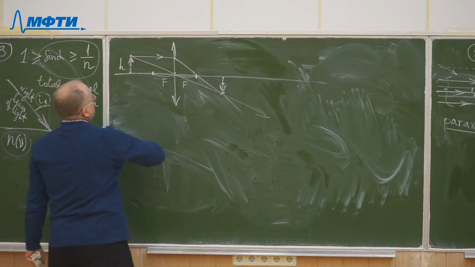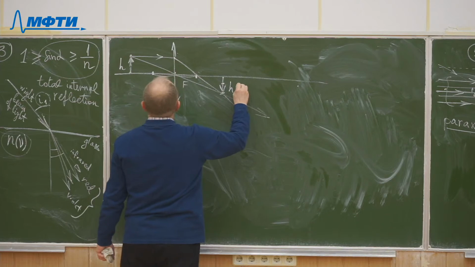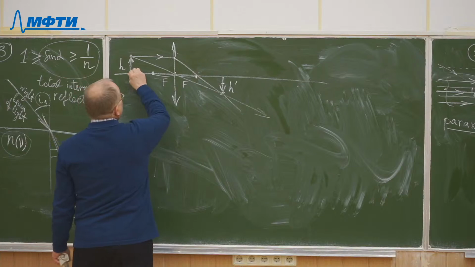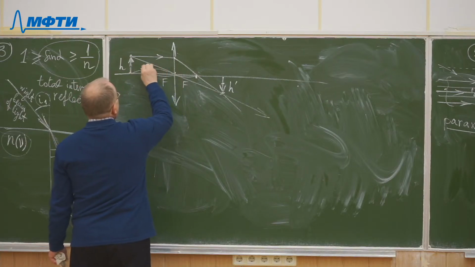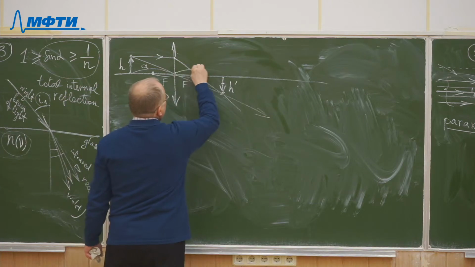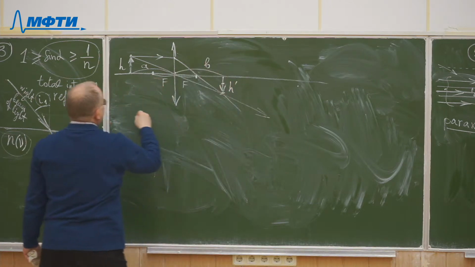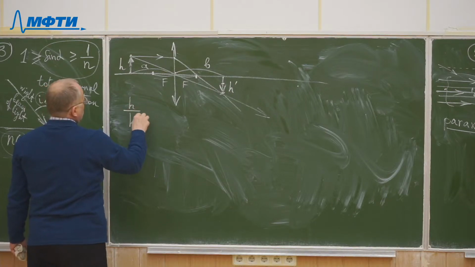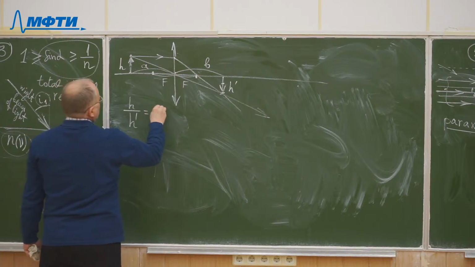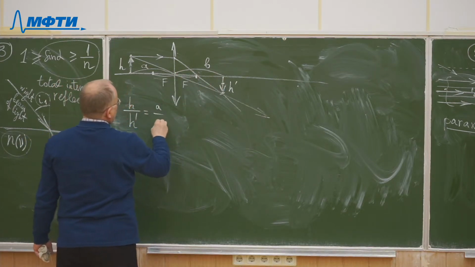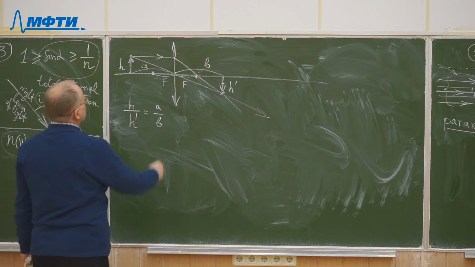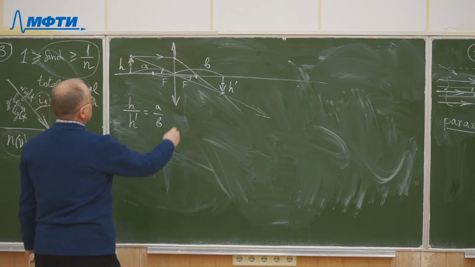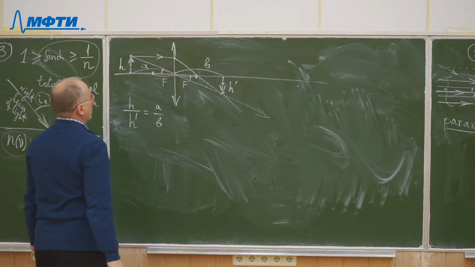If the object has height h, the image will have height, say, h prime. And if the object is located at a distance a from the lens, then the image will be located at a distance b. And we can immediately write that h divided by h prime equals a divided by b, because these triangles here are similar, and this angle equals this angle.